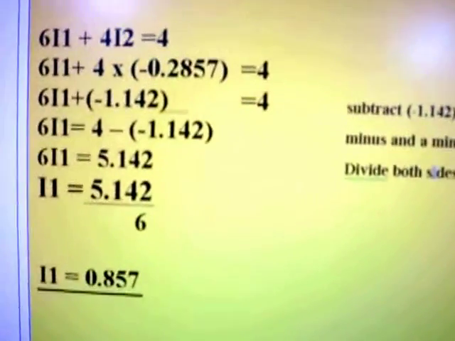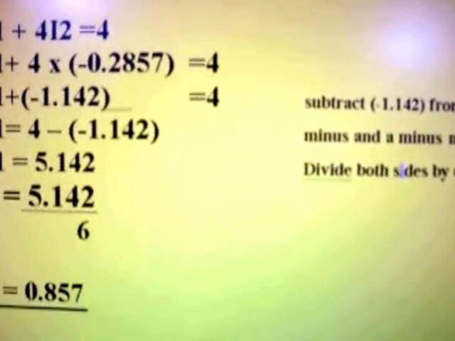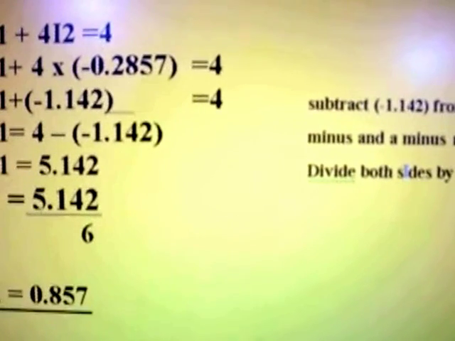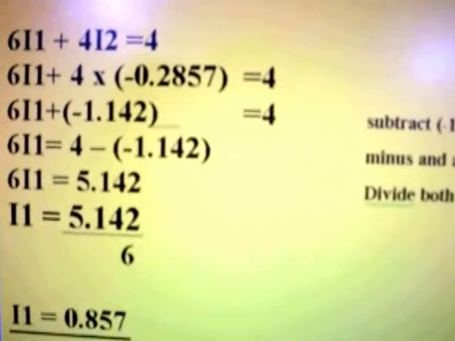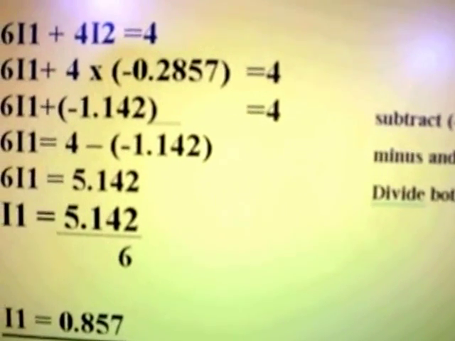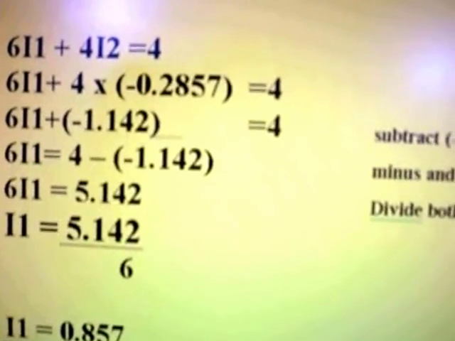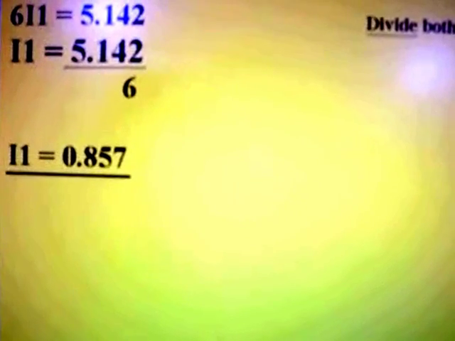Be aware of your mathematical signs. Remember that a minus and a minus makes a plus. And remember, this is now I1 equals 0.857. Again, it's a current, therefore it will be amps.